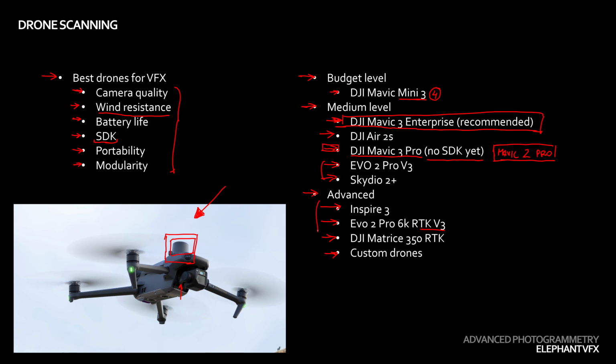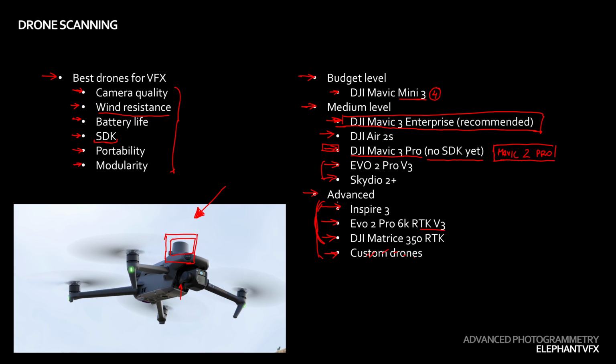All of these are way more expensive, but they are also great. They are bigger, so when it comes to portability, they are not that great. But if you can get your hands on one of these, or at least rent it to test them, you will see that they are great alternatives as well.